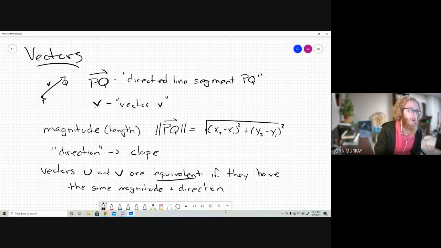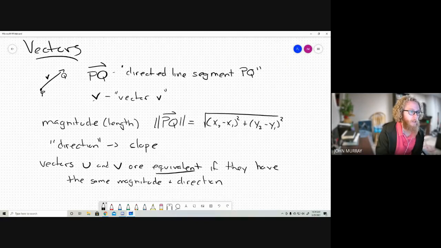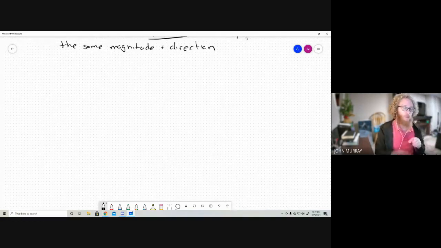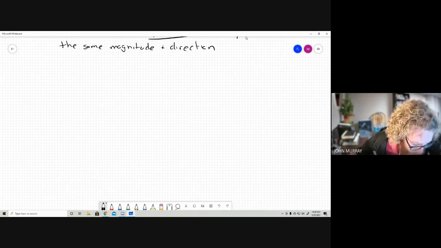All right, so vectors u and v are equivalent if they have the same magnitude and direction. Okay, so that's all recap.